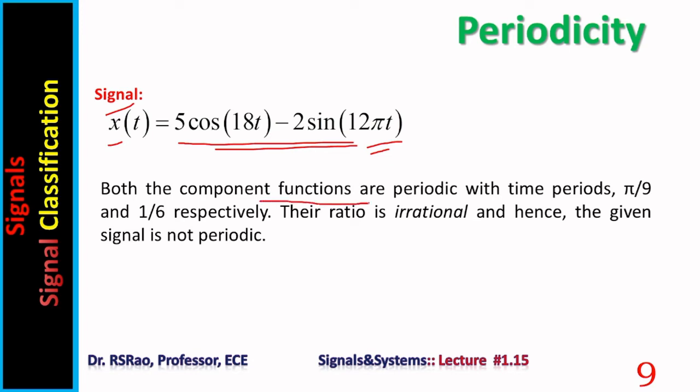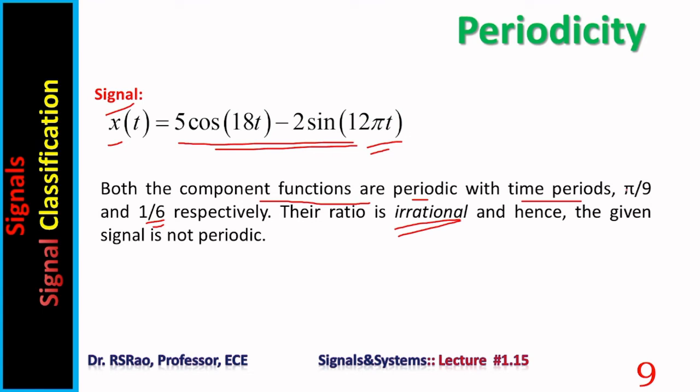Both the component functions are periodic with time periods pi by 9 and 1 by 6 respectively. Their ratio is irrational. Ratio has pi in it. Pi is not rational. Therefore, the ratio is not rational.